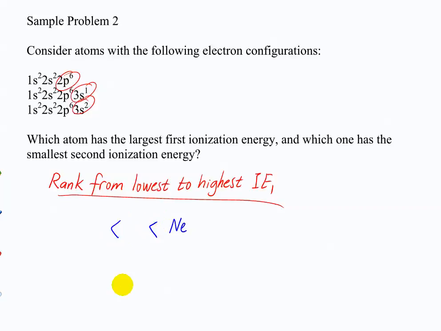What has the lowest first ionization energy? Sodium will have the lowest, right? Because you're taking out just the one 3s electron and moving it back to a full shell. And then the magnesium one will be in between.